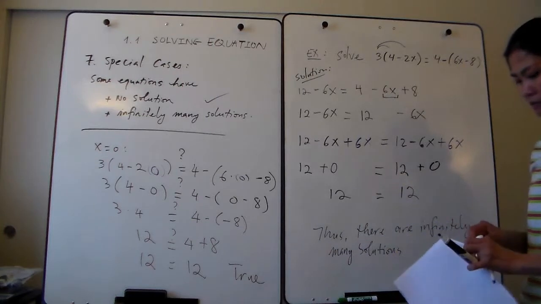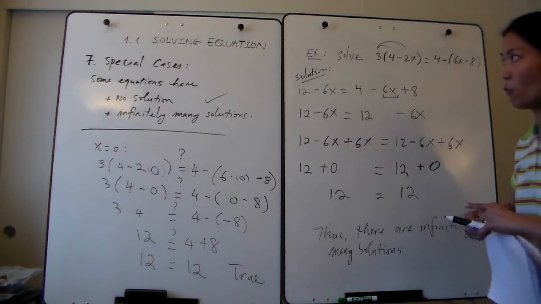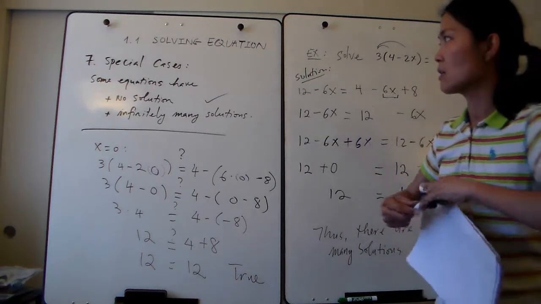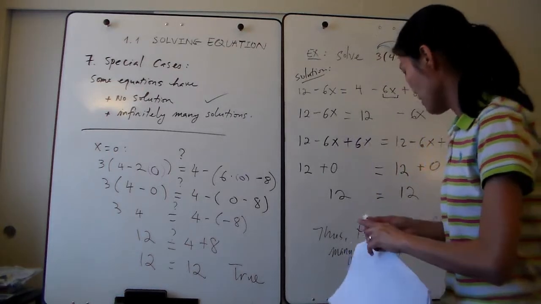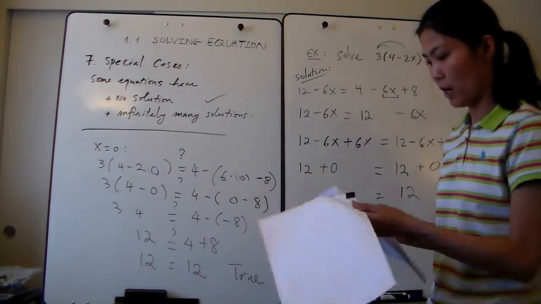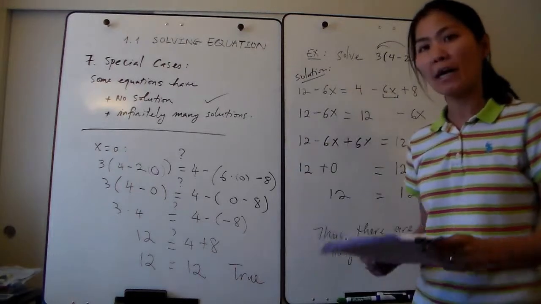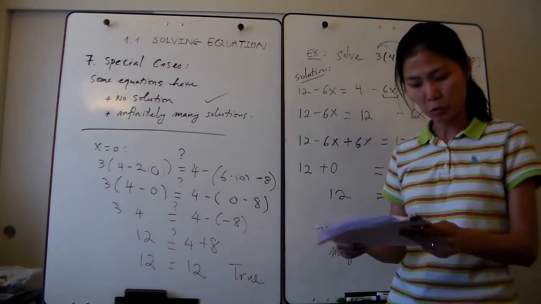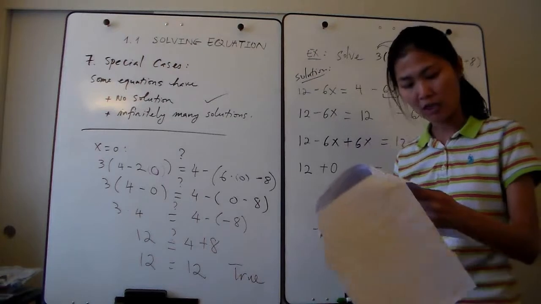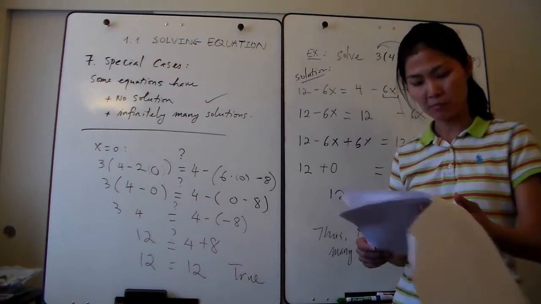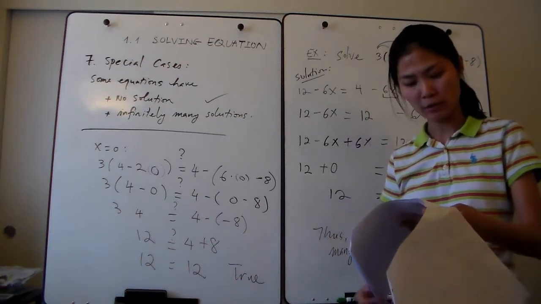So now we just finished this section 1.1, solving equations. We talked about 7 things. We talk about what an equation is. We talk about solution of an equation. We talk about the addition principle, equivalent equations.